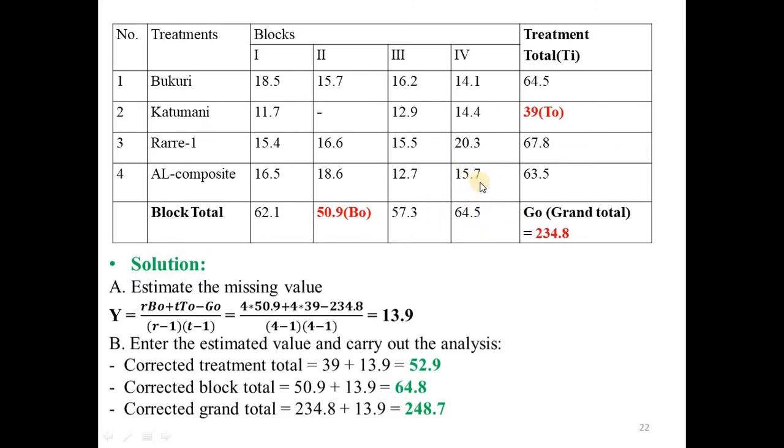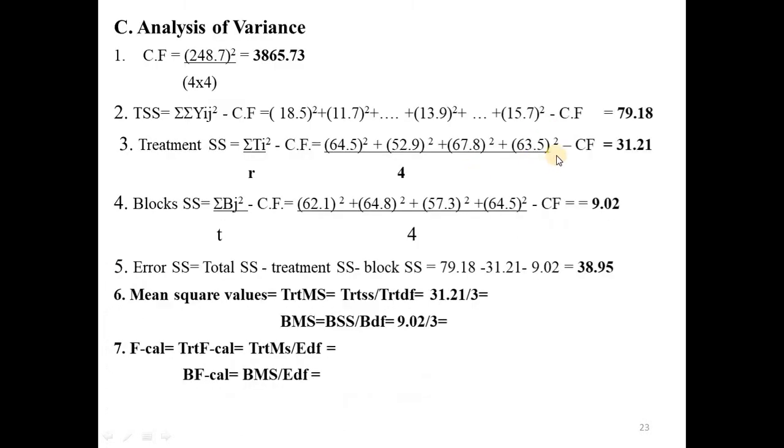The last observation was this one, so we square each observation and sum up to 15.7, the last observation, and then subtract the correction factor. Then total SS will be this one.